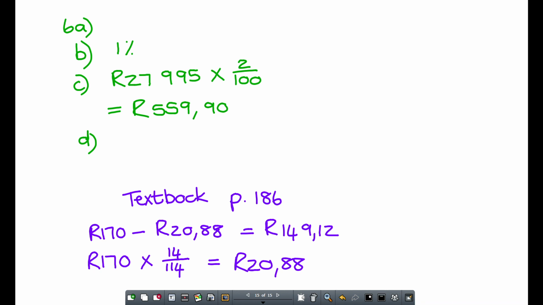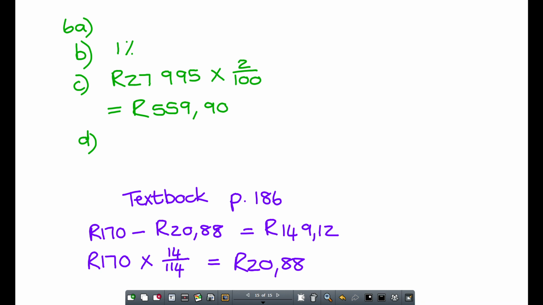Show by calculations that the answer in full is 14% VAT on 120 rand 4 cents. So weer eens, ek gaan nou niks gaan werk met daai 16 rand nie, nee, ek moet gaan wys dat dit op die ou end 14% is.